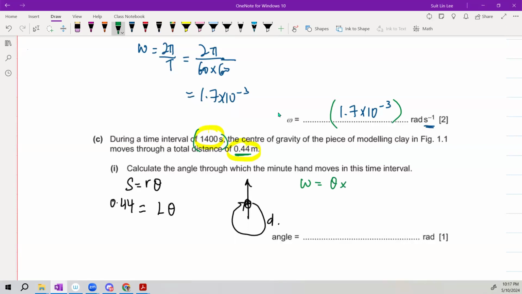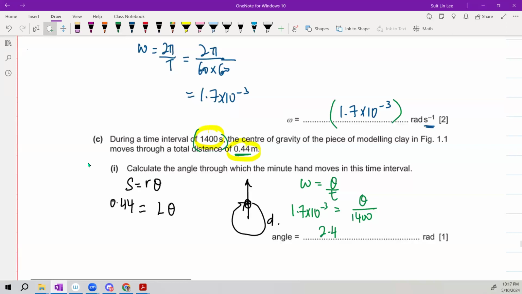Omega is theta over t. So 1.7 times 10 to the power negative 3 equals theta over 1400. Okay. So from here, you have your angle theta, which would be 2.4 radian.